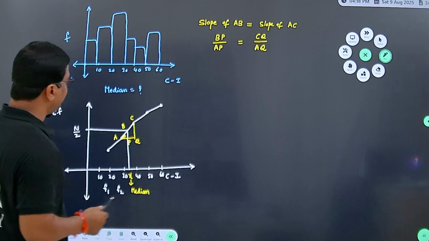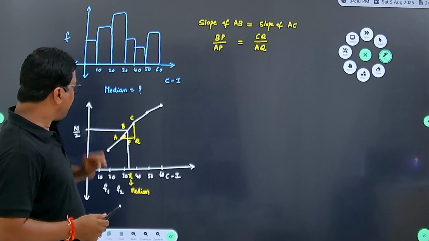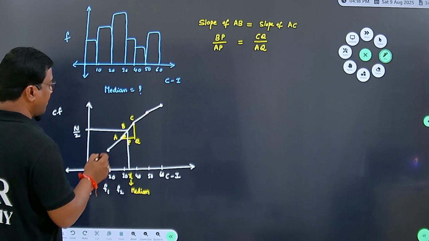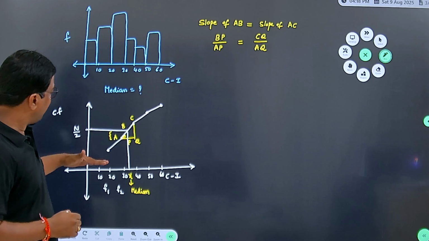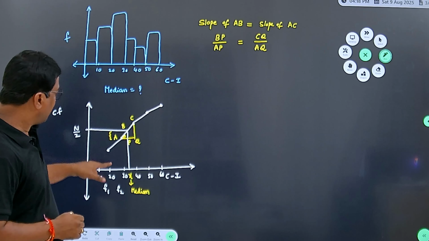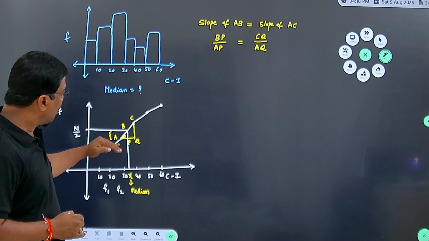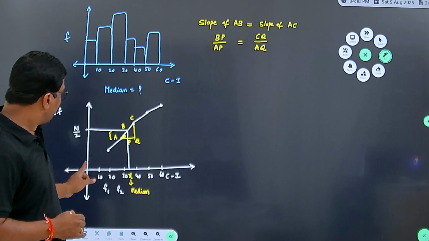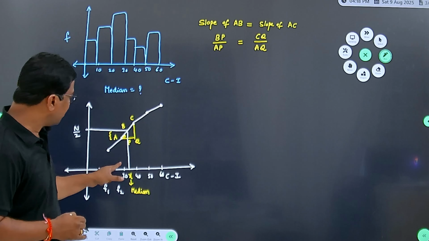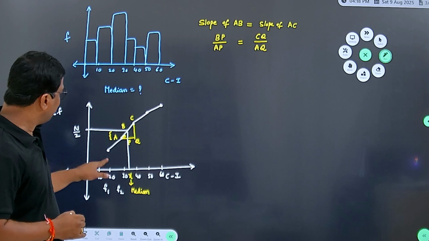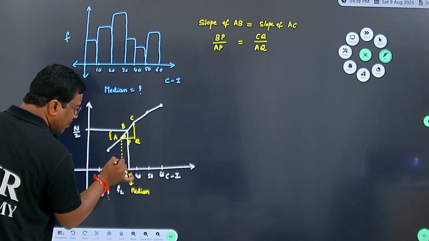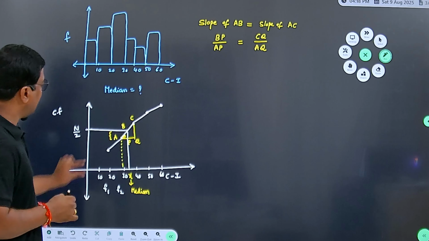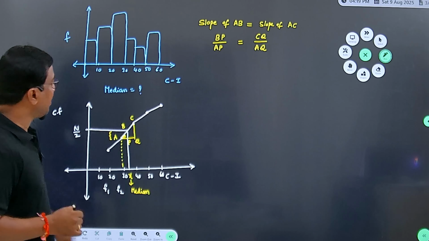Now, the value of BP, that is the difference between n by 2 and lower limit. Here this is cumulative frequency, right? So from n by 2, if you remove the preceding cumulative frequency, then you will get BP.